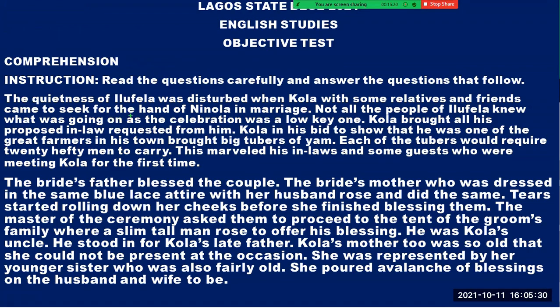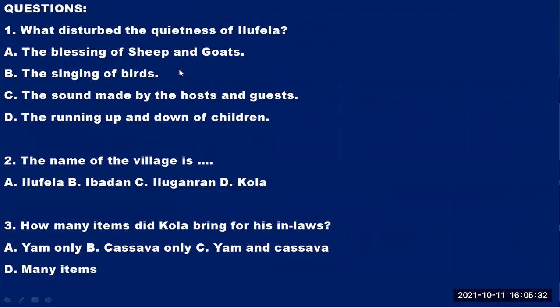Let me take you back to the question and show you what I mean by the context clue. The context clue is the keywords here: disturbed, the quietness of Ilufela. These are the keywords that we will be looking for in the passage. These keywords in the question will be used as context clue.